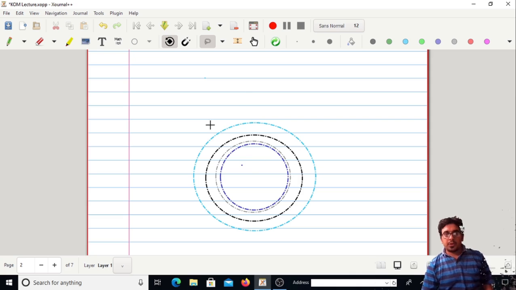Now let me draw the basic teeth of the gear.